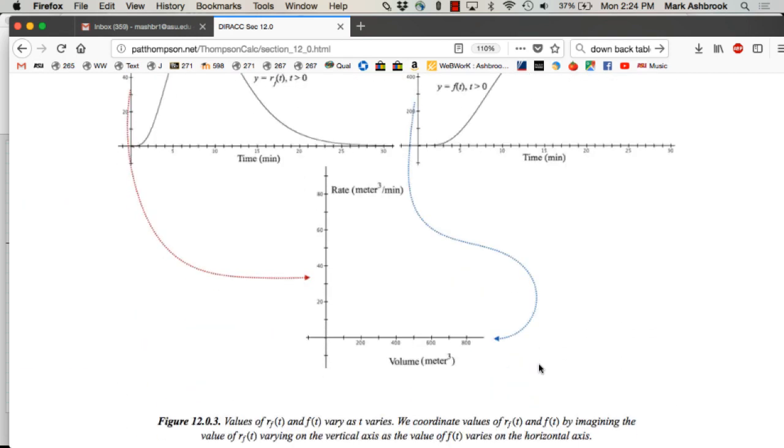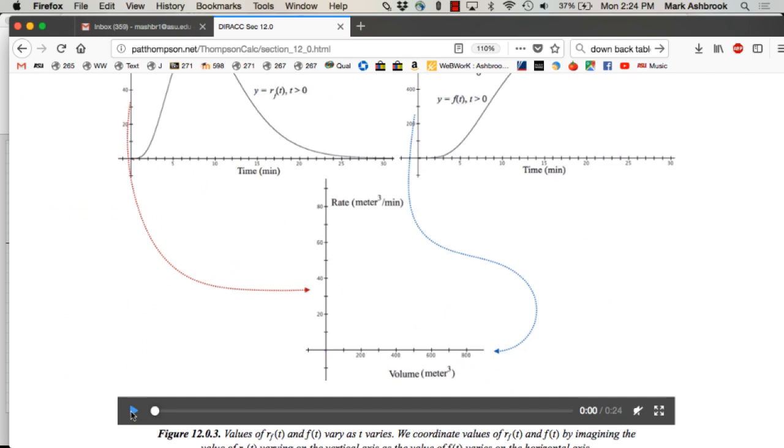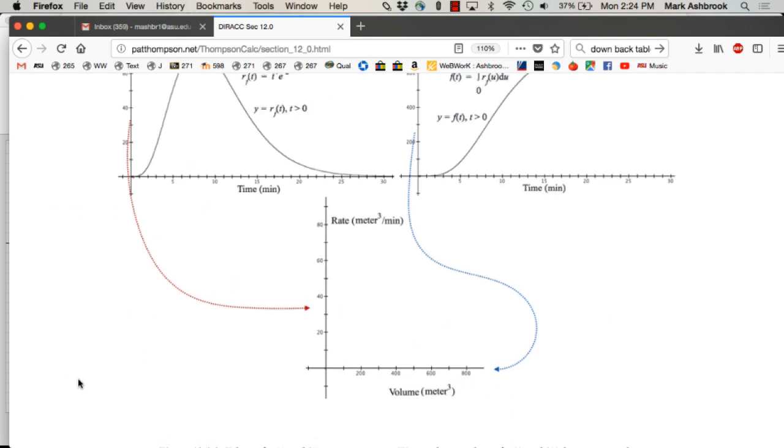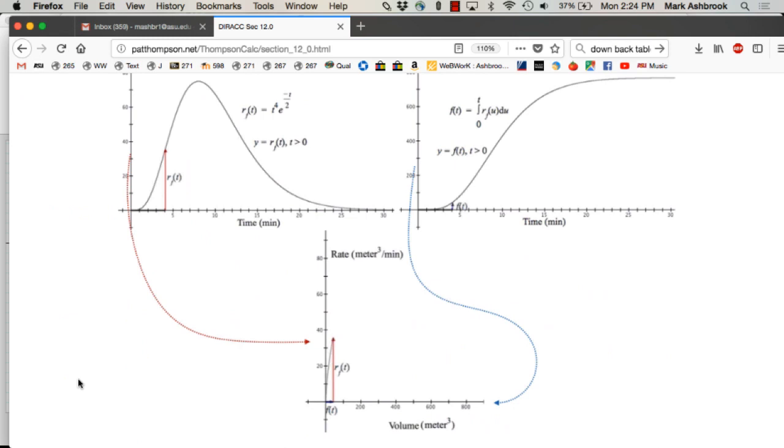So to see that being generated smoothly, this is if you were to plot all those points continuously.